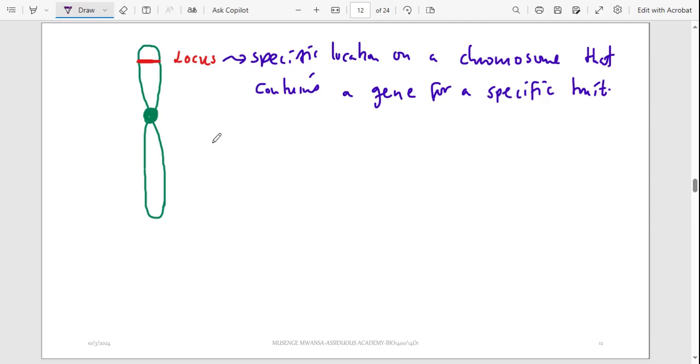But then what is a gene? Because we are saying that a gene is going to be found on a locus and it will tell us the kind of trait we are going to show. So a gene is a segment of the DNA that codes for a protein that is used to express a trait. Okay, it's a portion.